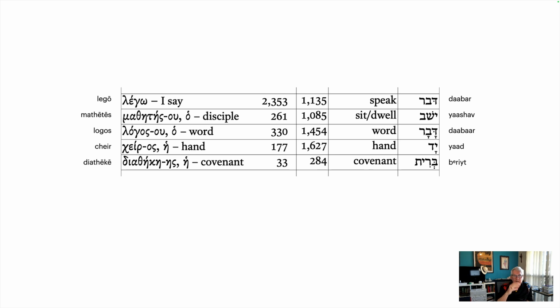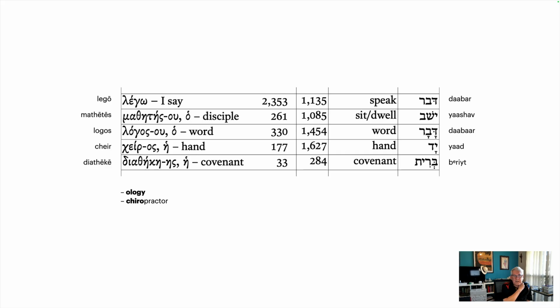Logos, ho logos, logou, the word for word, okay. Cheir, hee cheir is the word for hand, and cheiros, and of course from that we'll get words like chiropractor. And diatheke, hee diatheke, the covenant or the agreement, and diathekes, the genitive singular.